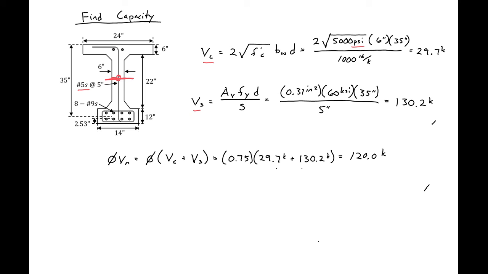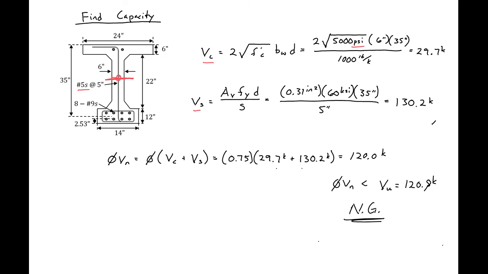So we need to compare this to our VU. We found before our VU to be 120.8 kips. So in our case, our VU is greater than our phi VN. So this design is no good.